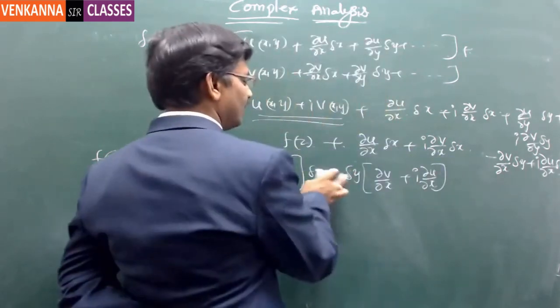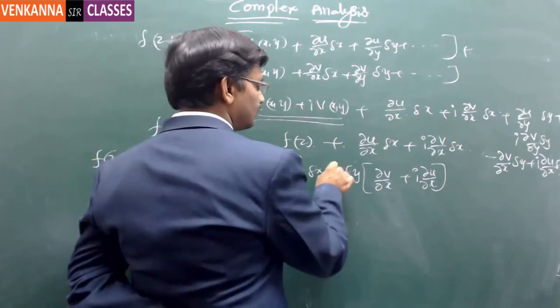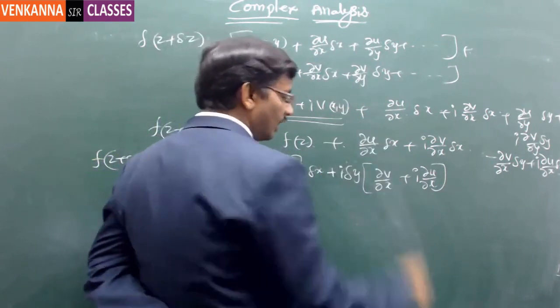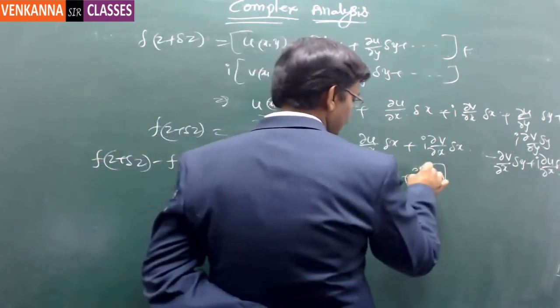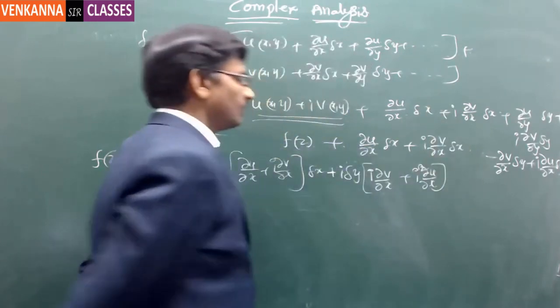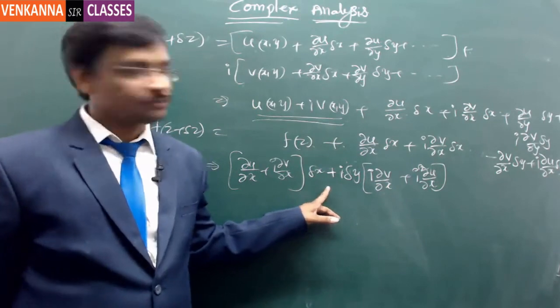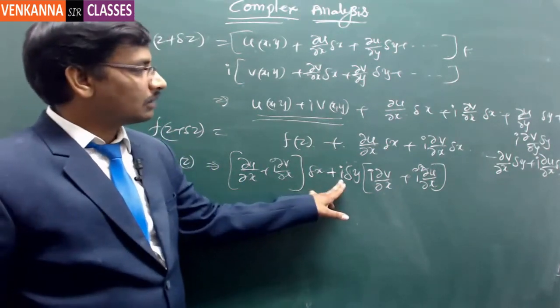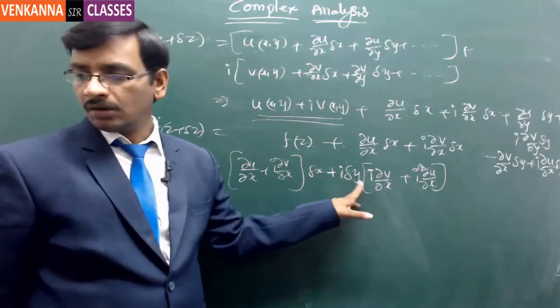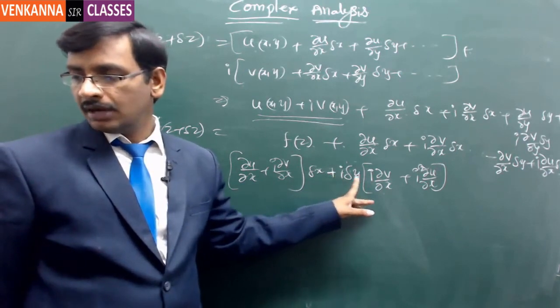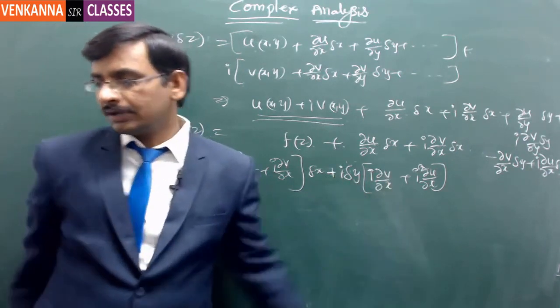Now this minus I will write as I square, that is, minus 1 I have written as I square. I hope you understood. So one I kept it here, and then the other I have brought inside.